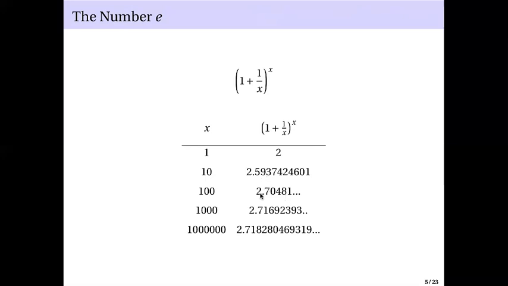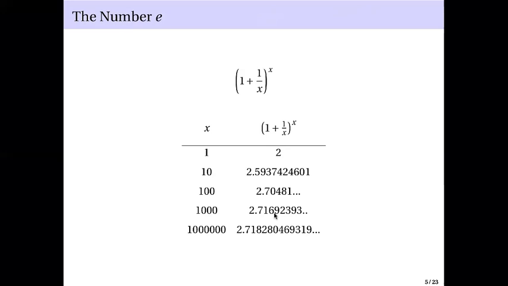The difference between this guy and this guy here is roughly 0.11 or 0.10. But from this guy to this guy, from 100 to 1,000, the difference is just 0.01 something.